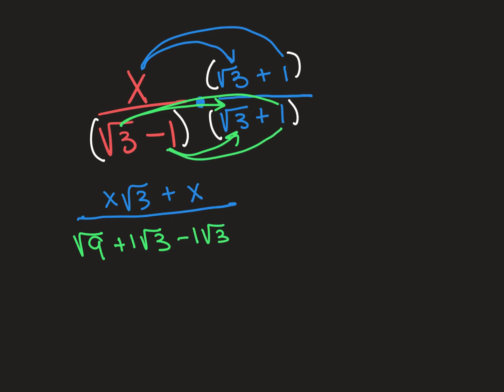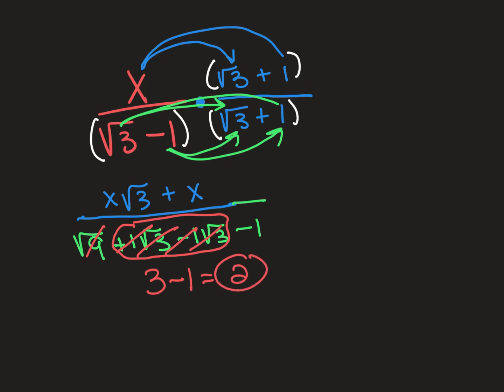And then negative 1 times 1 is negative 1. Again, if everything was done properly, those middle terms should cancel each other out. The square root of 9 is 3. I still have the minus 1, so I have a 2 at the bottom. So here I'm going to have x square root of 3 plus x over 2.